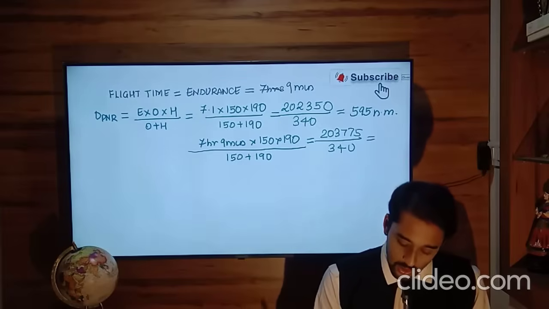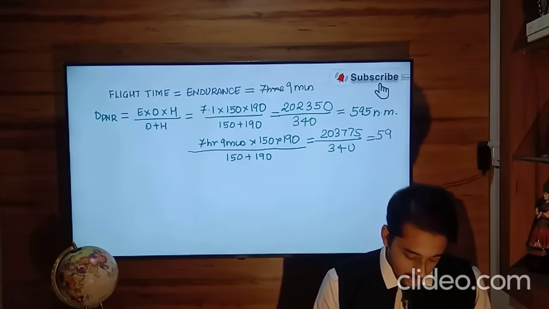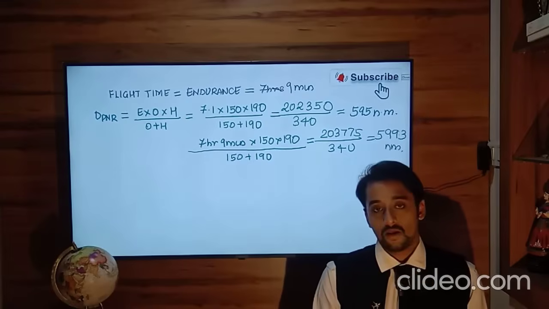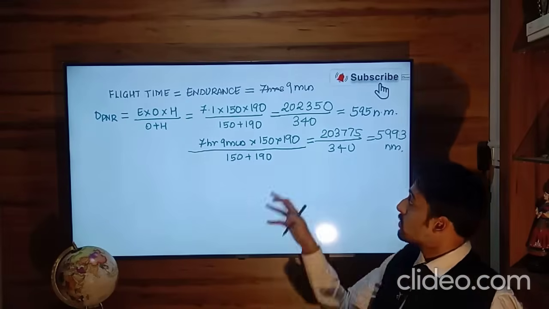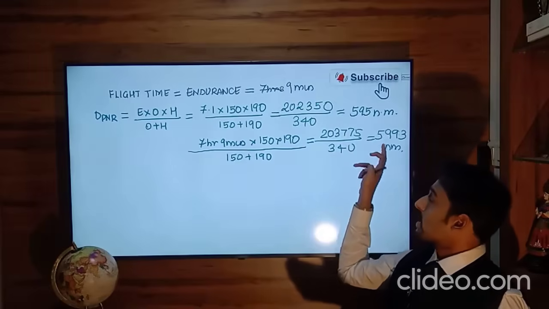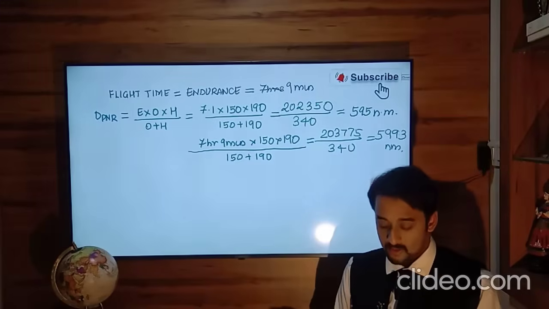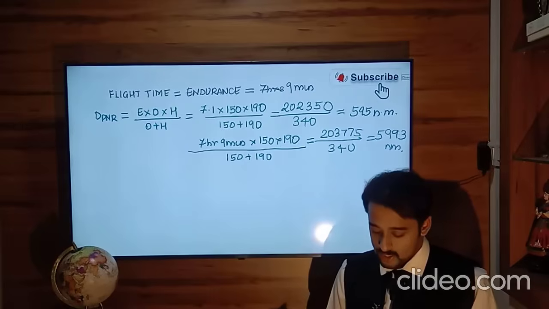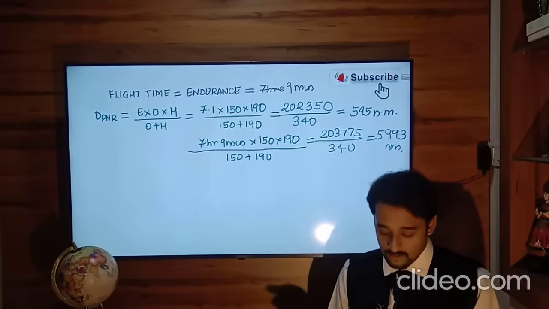So that is equal to 599.3 nautical miles. Okay, so this is the distance to PNR, 595 or 599, not much difference with respect to the theoretical question, numerical sum for exam.